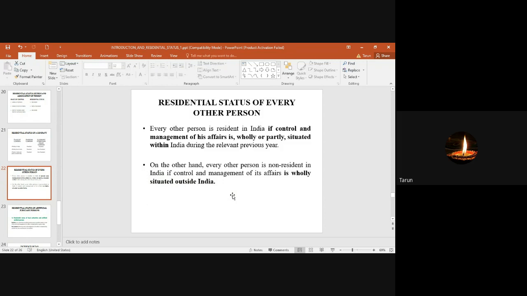On the other hand, every other person is non-resident in India if control and management of its affairs is wholly situated outside India. So if any other person has a business situated in India and the place of control and management is in India, it is resident. If not, it becomes non-resident. It's very simple.